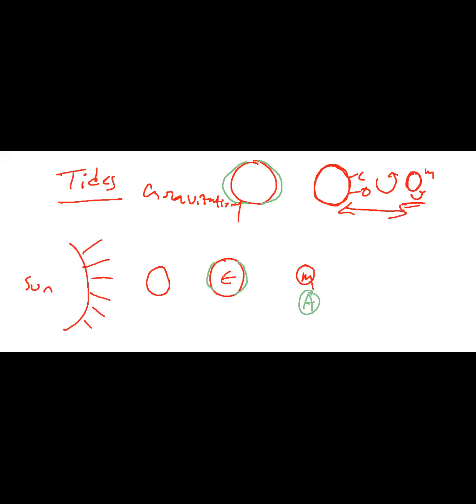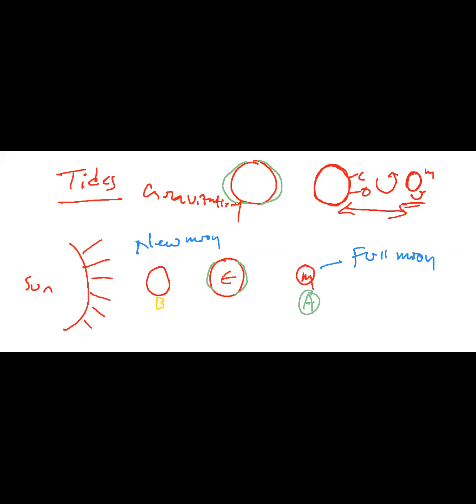Sometimes the moon also comes to position B. So position A and position B. This position is full moon, and this position is new moon.